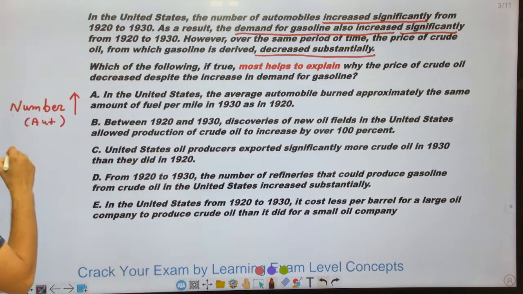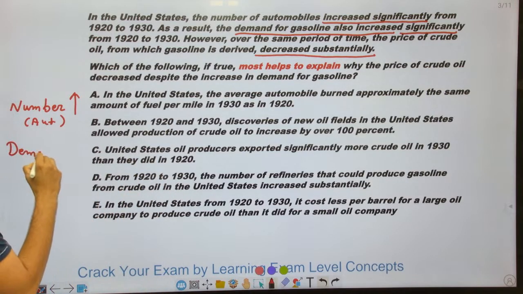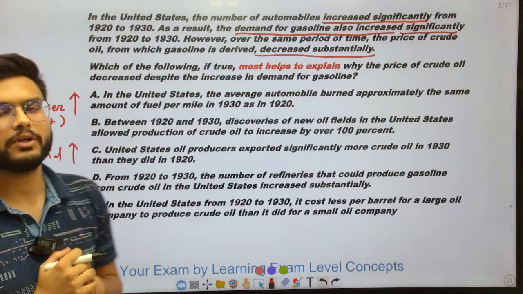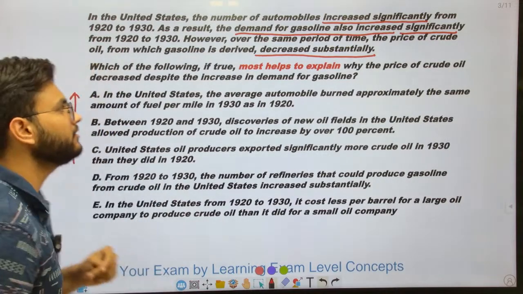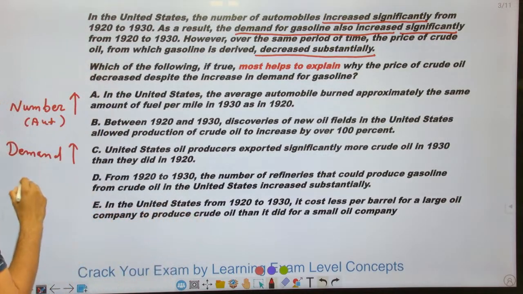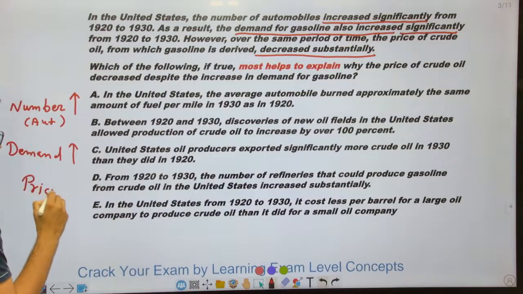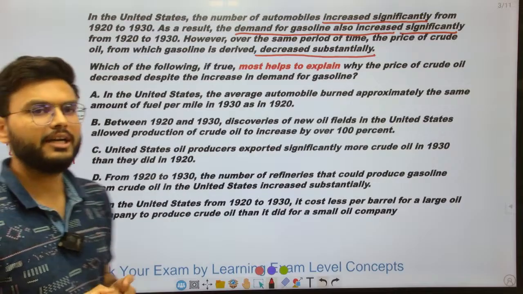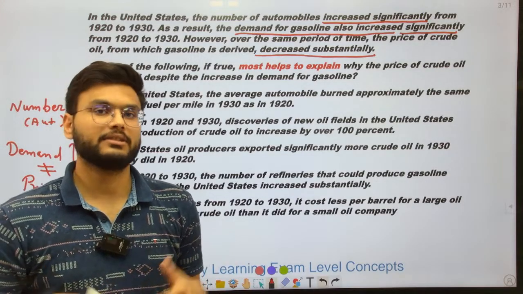So when we know demand increases, in general what we see is that the price of that item also increases. But in this scenario, something else is happening. Demand is increasing, but price is decreasing.